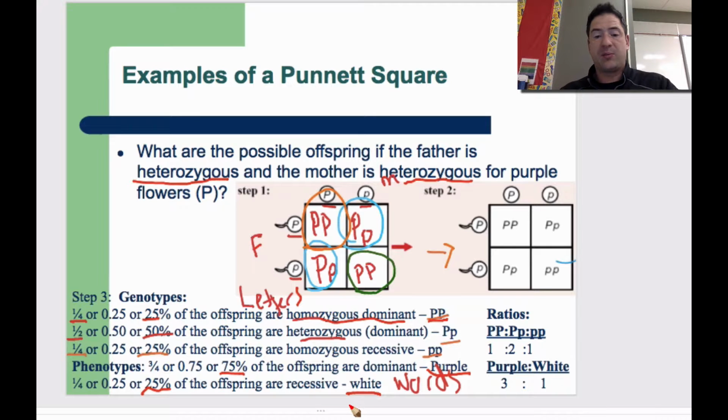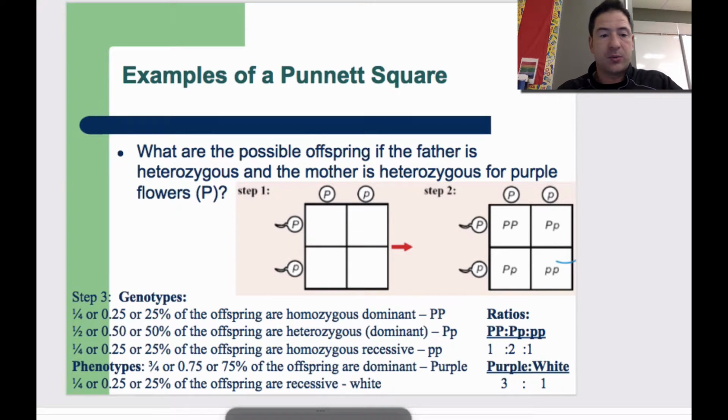So the phenotypes would say purple flowers or white flowers, and the genotypes would be the letters: homozygous dominant, heterozygous, or homozygous recessive. Does that make sense? I hope so.